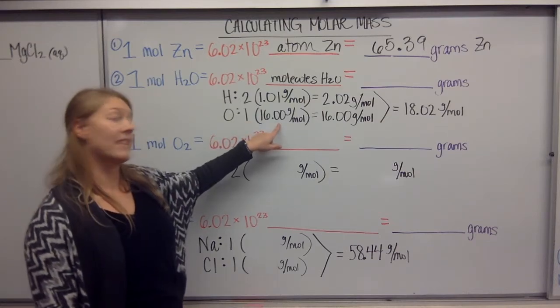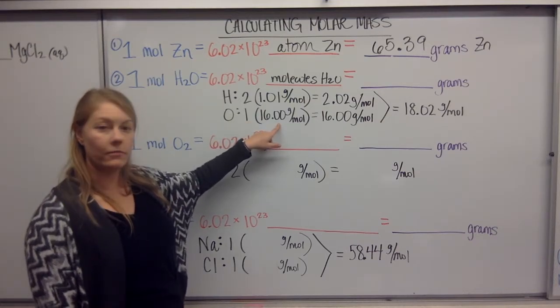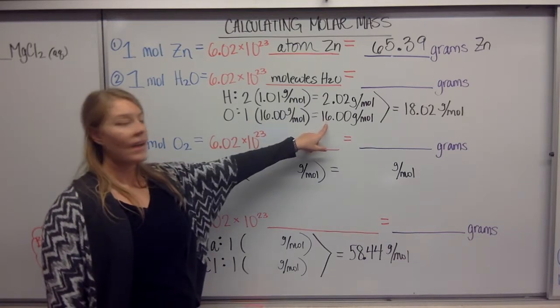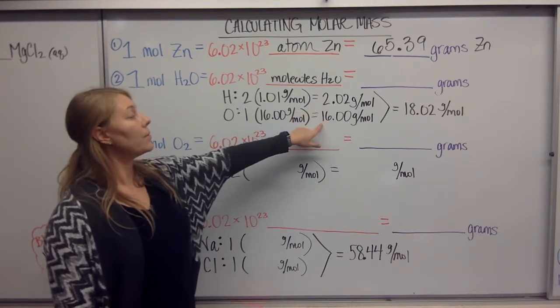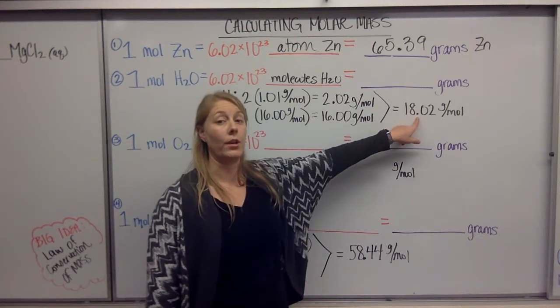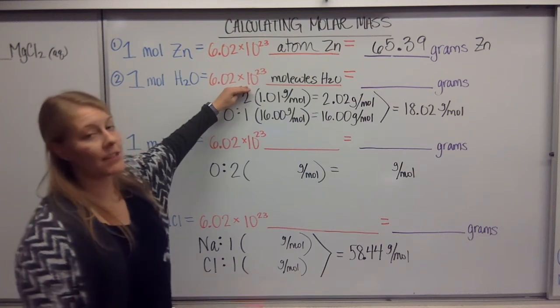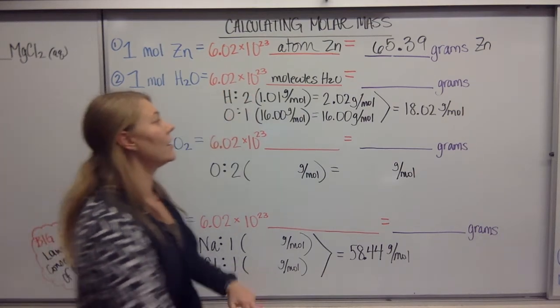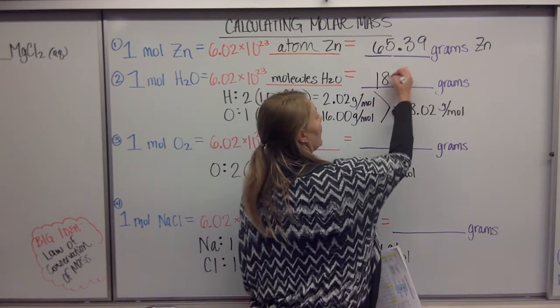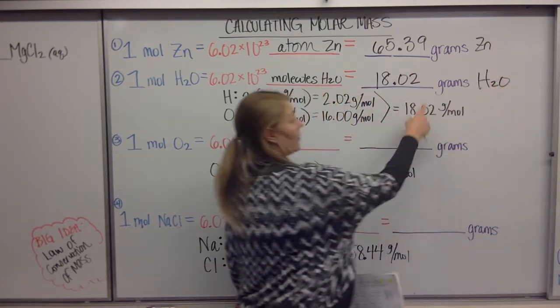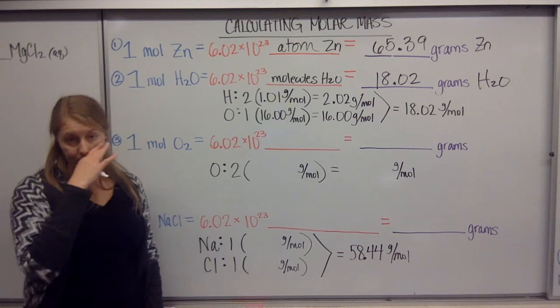It has a molar mass of 16 grams per mole from the periodic table. 1 times 16 is 16. And when you add 2.02 plus 16, you get 18.02. So 1 mole of water is equal to 6.02 times 10 to the 23rd molecules of water is equal to 18.02 grams of water. That's what we just calculated right here.